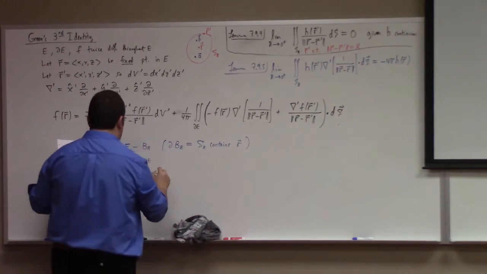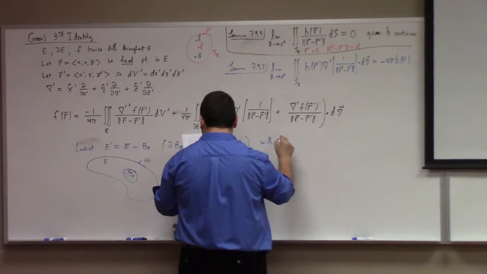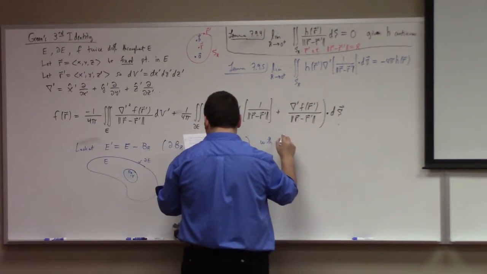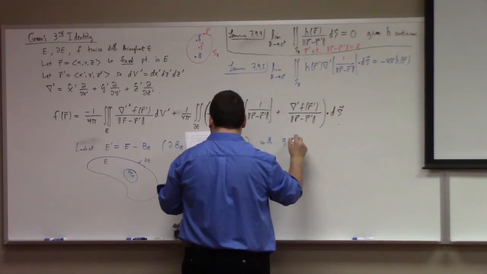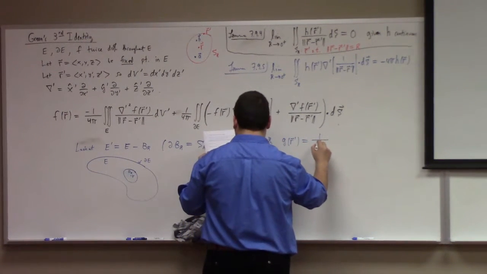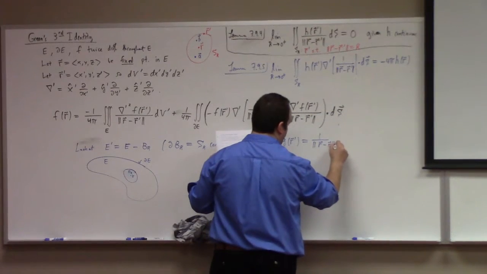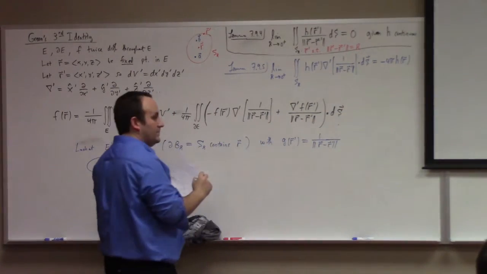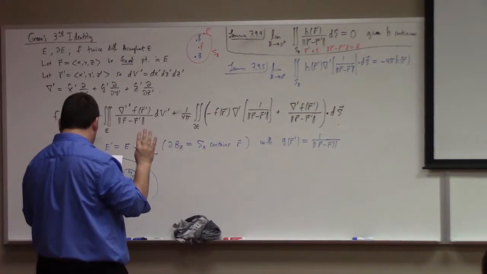With a little bit more fine print, we're using G of r prime equal to 1 over the magnitude of r minus r prime, and f is f.